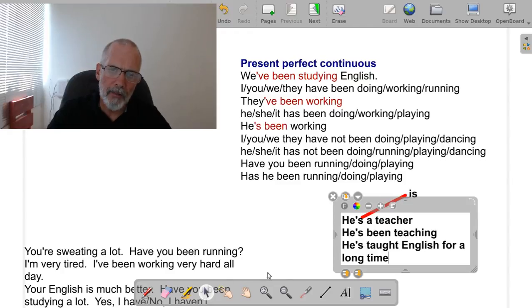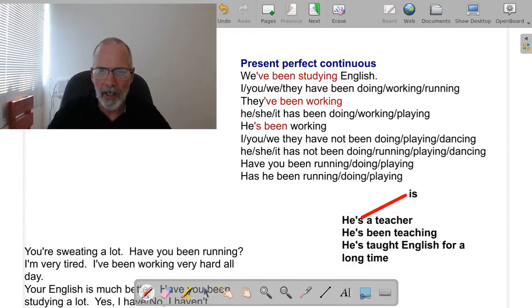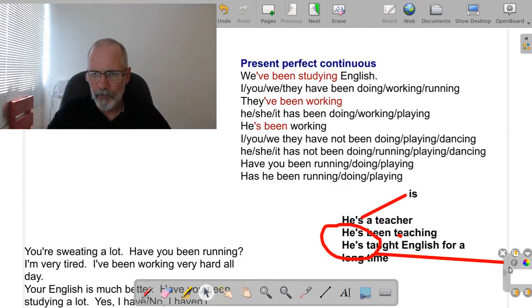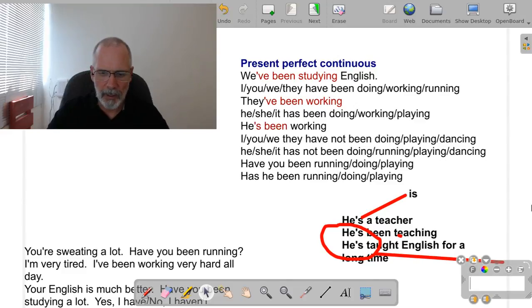So here we have the contractions here and here, and I've lost the contractions here and here are has. This is has. You can still see that, has.